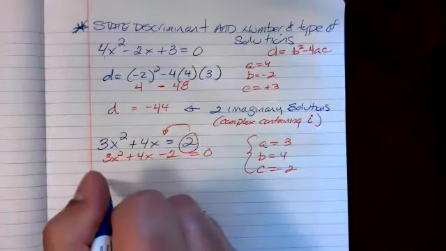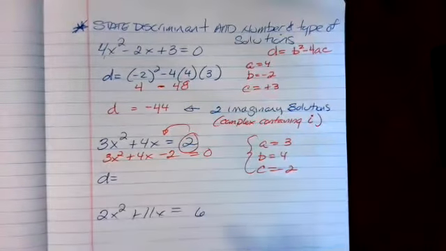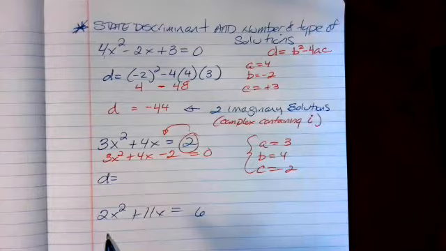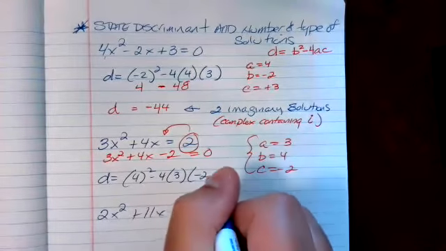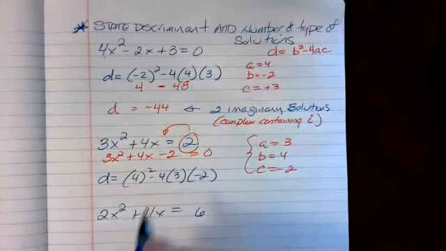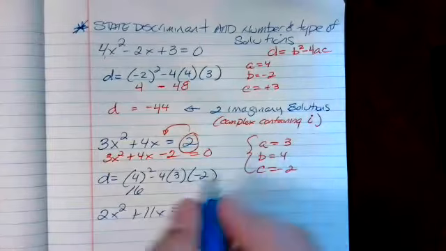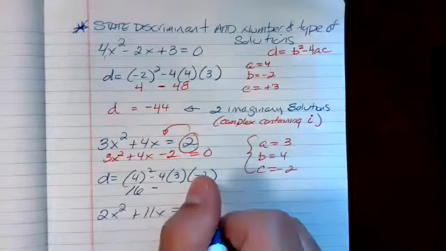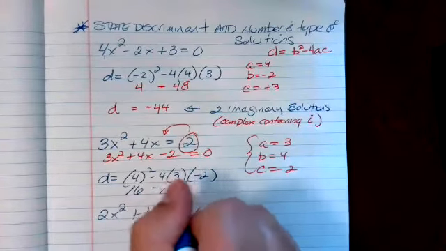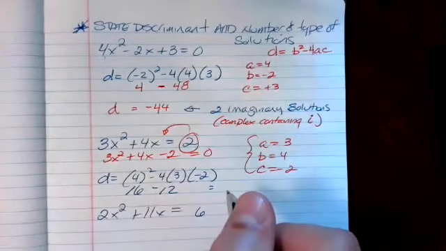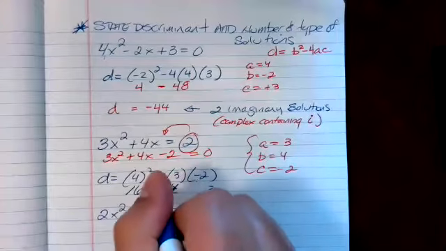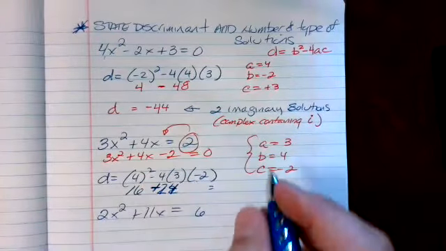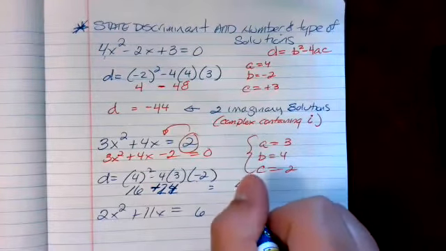I substitute those values into the equation. It's B squared minus 4 times my A times my C. So it's going to give me 16 minus, or rather plus, negative times negative, plus 12, plus 24 gives me what, 40?